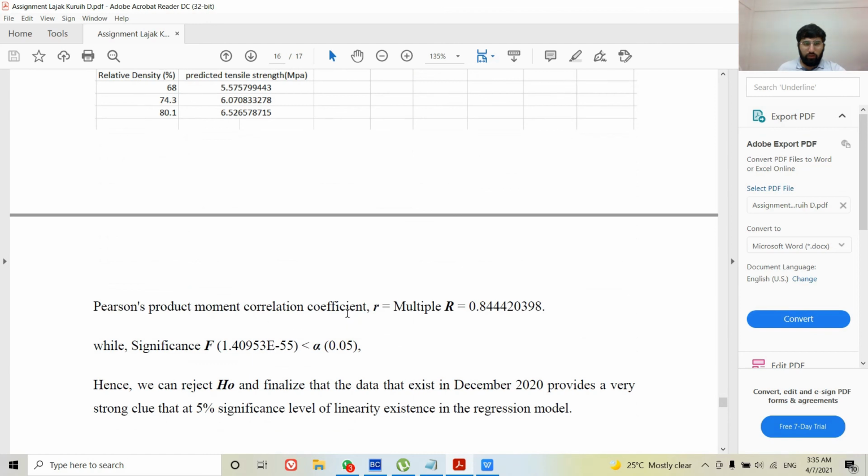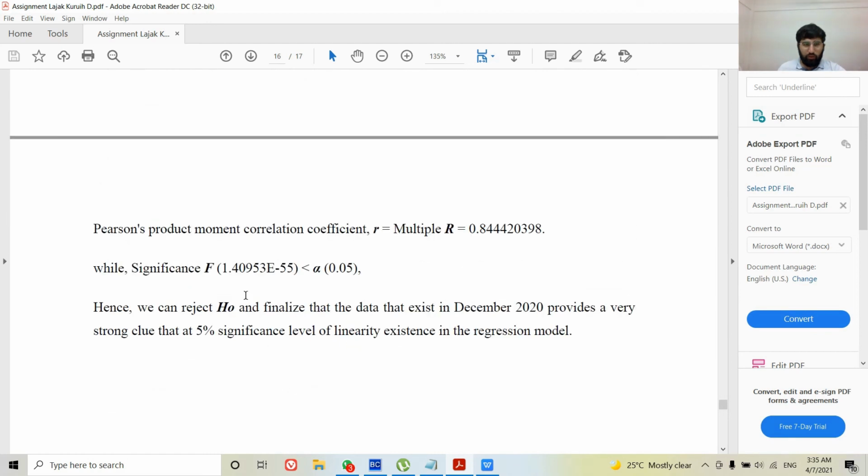Here the Pearson's product moment correlation coefficient, multiple R as we got from the calculation, is equal to 0.844, while the significant F is 1.4 times 10 to the power minus 55, which is smaller than alpha, which is 0.05. So here we can reject the H0.